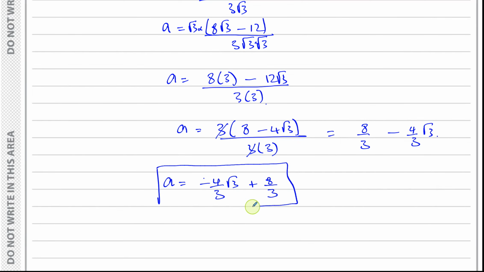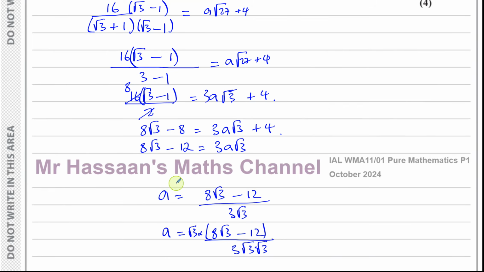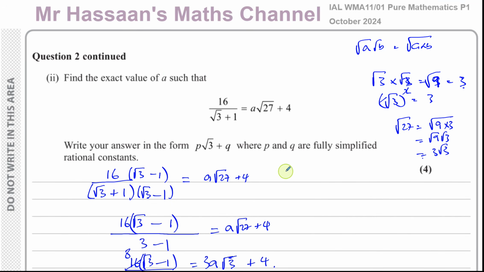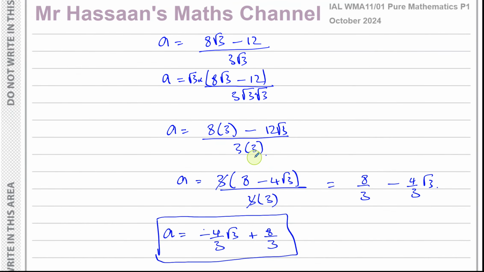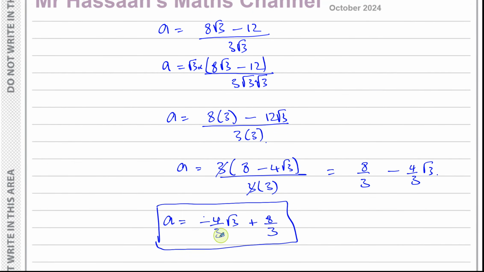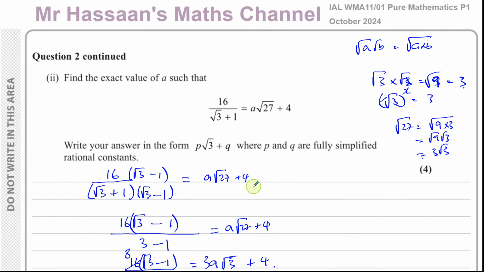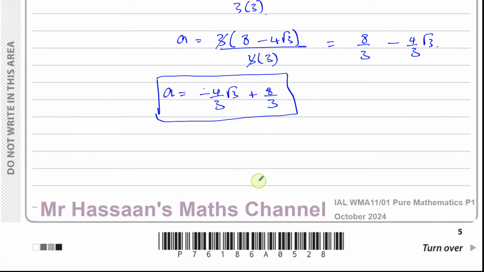And there is the answer in the form required. It didn't say write down the values of P and Q. They just said in this form. So we leave in that form where P and Q are fully simplified rational constants. So P is a constant which is rational, and so is Q, and they're fully simplified. So there we have the answer to question number 2, part 2.